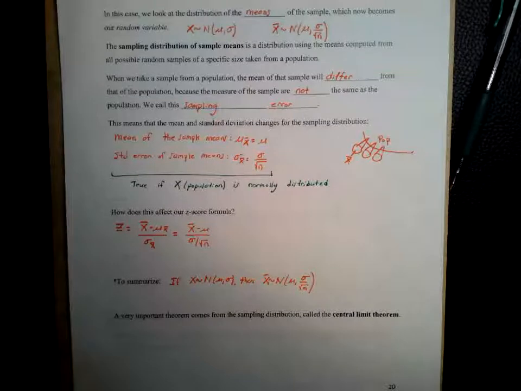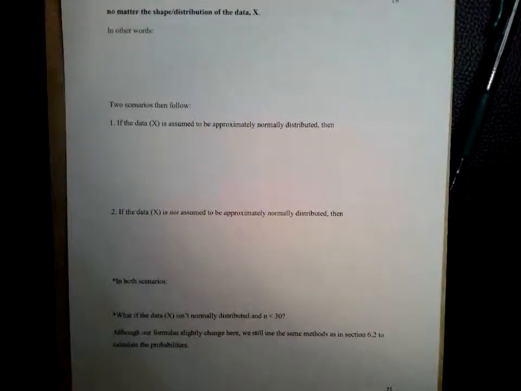Next, a very important theorem comes up from this sampling distribution, and we're going to call this theorem the central limit theorem. What does it state?